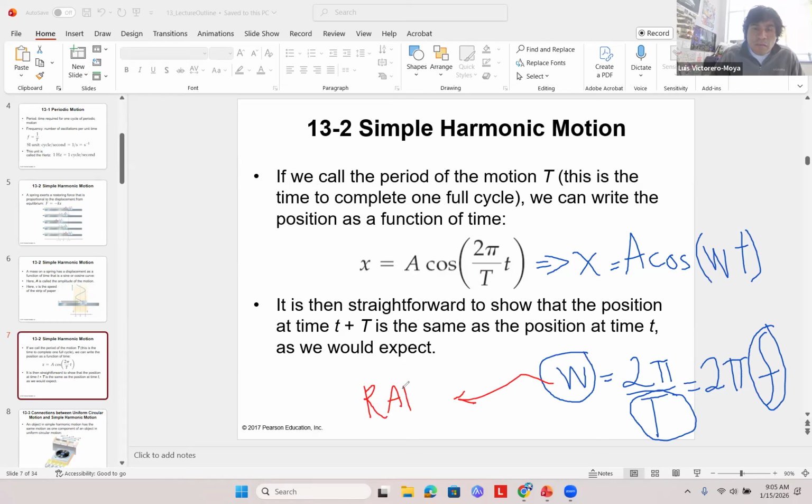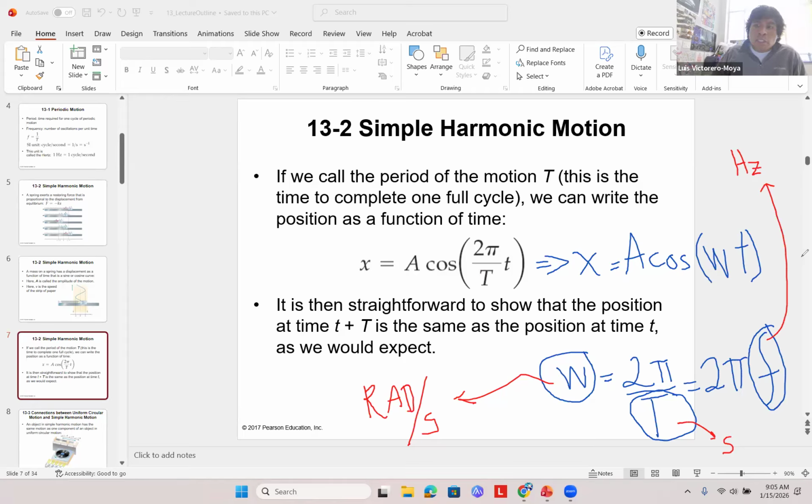This is measured in seconds because that's the unit of time. And this is measured in 1 over seconds, which is basically hertz. Very important, guys, the units, okay? That's part of your metric system there.